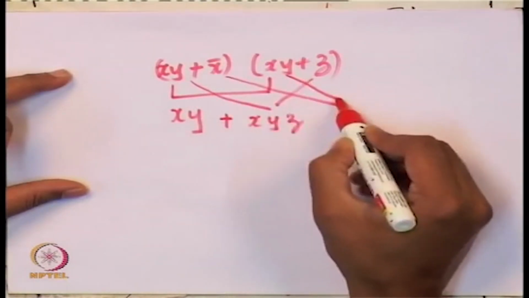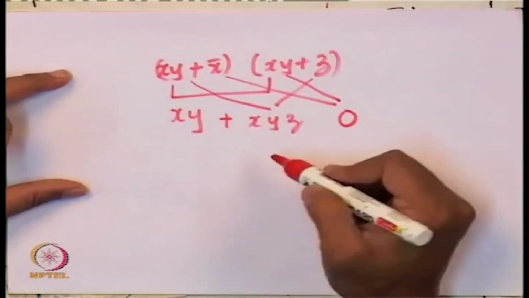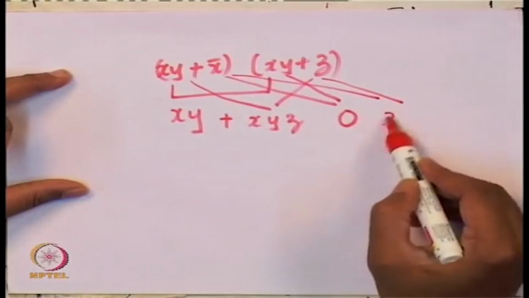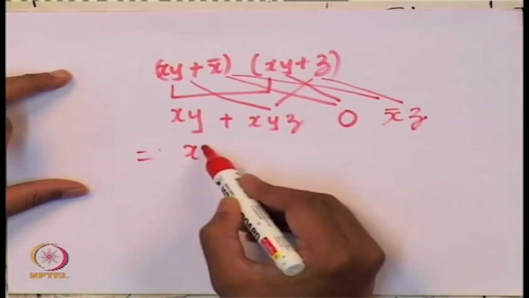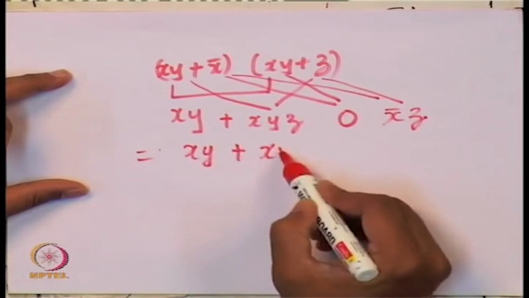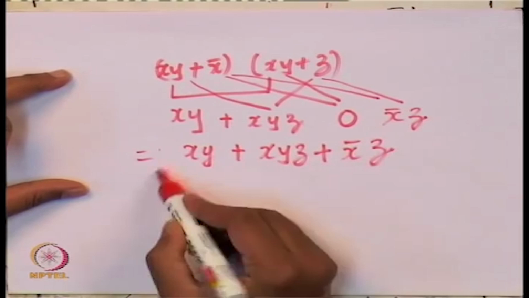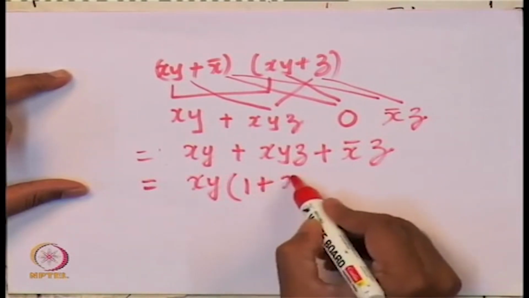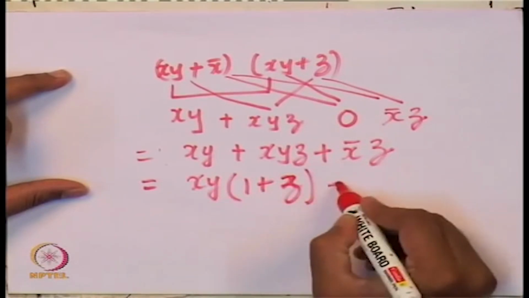If I take these two terms, that is x̄ into xy, that is actually a 0 because x̄ cancels with x, and the last two gives me x̄z. Right. So this is the same as xy plus xyz plus x̄z, and if you do this, xy is common between these two.